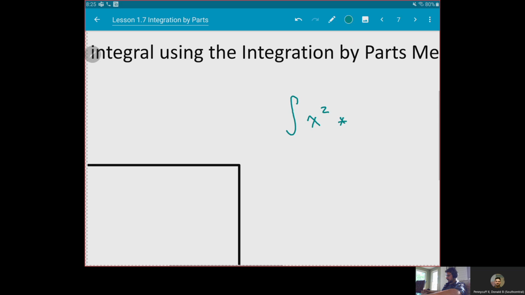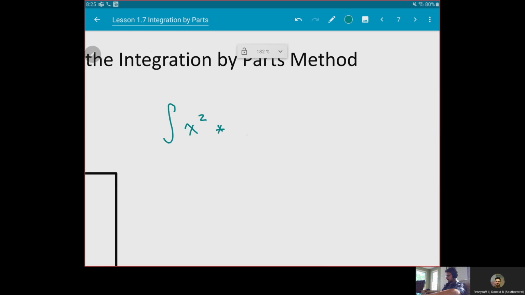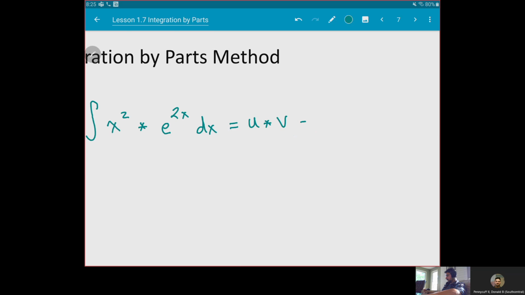All right. So that was the integral of x squared times e to the 2x dx. So this is going to be equal to u times v minus the integral of v du.